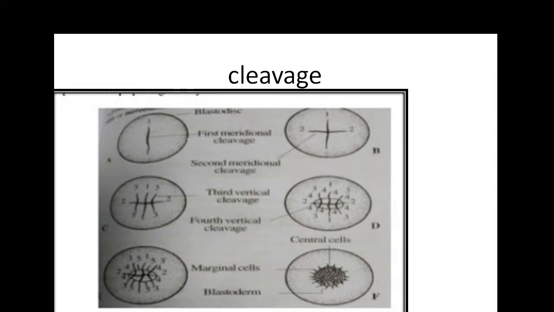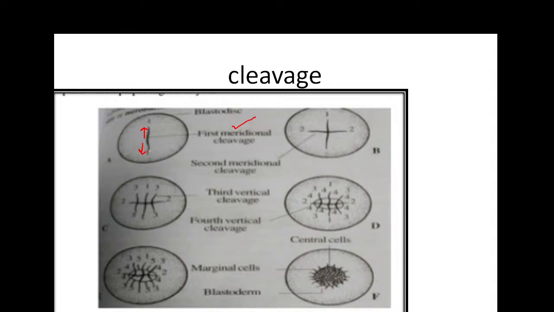The first cleavage is the meridional cleavage, which extends from the center toward the ends of the blastodisc. You can see here, the first cleavage is known as the meridional cleavage. It starts at the center and goes to both regions.